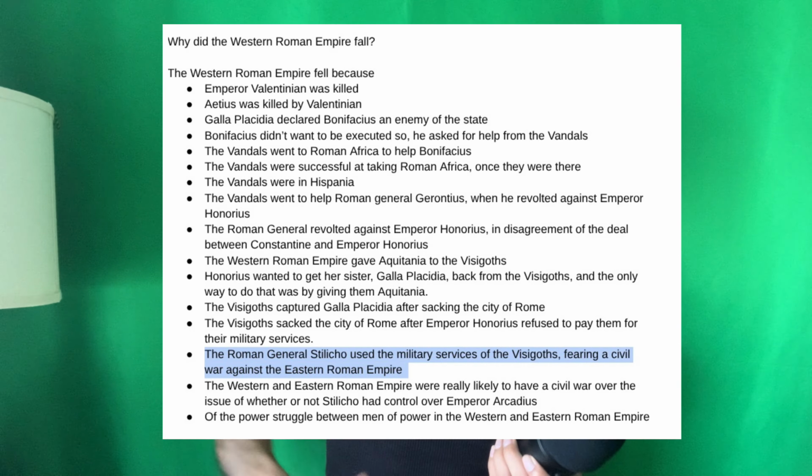One of the reasons why the Western Roman Empire fell is because the Roman general Stilicho used the Visigoths for what he probably thought was going to be a civil war. The Visigoths were employed by Stilicho, but later on Stilicho is killed, and then the Roman government doesn't pay the Visigoths for the military service that they gave to the Roman Empire.